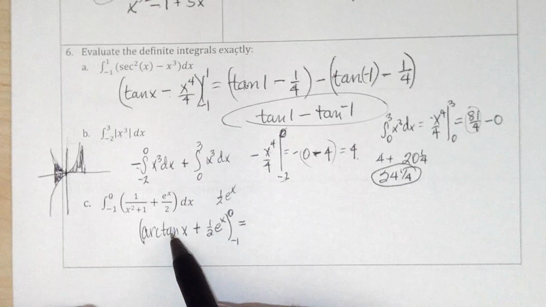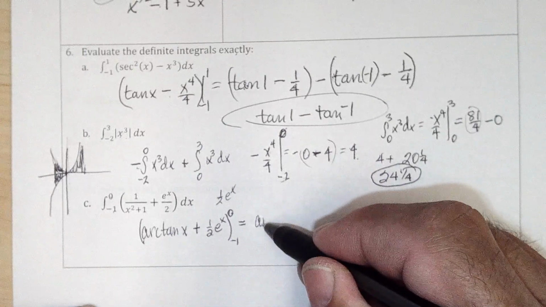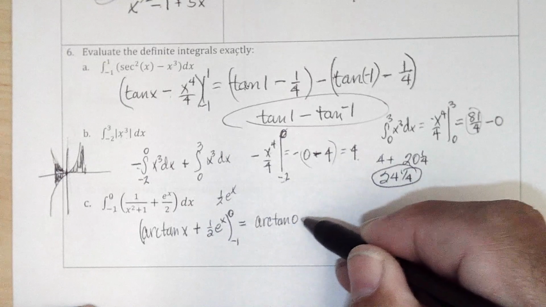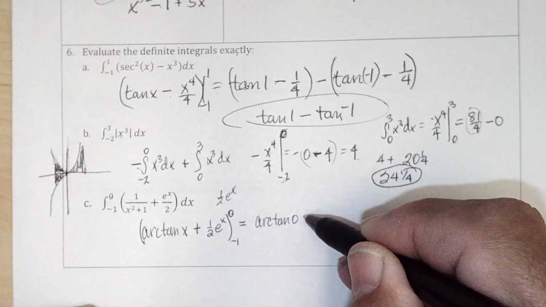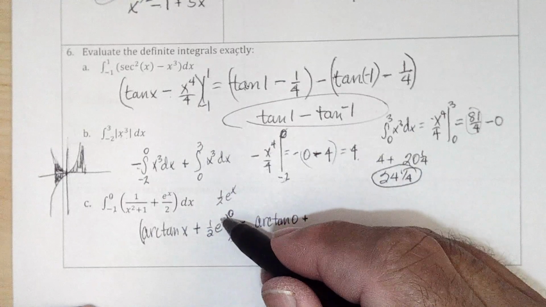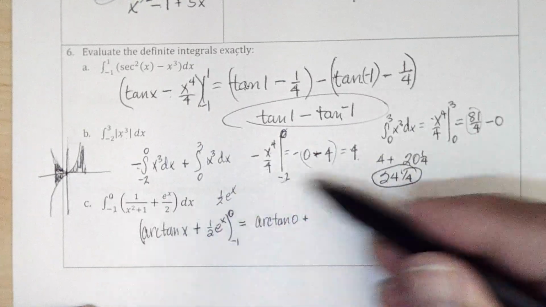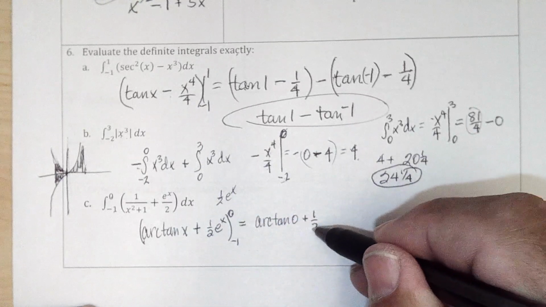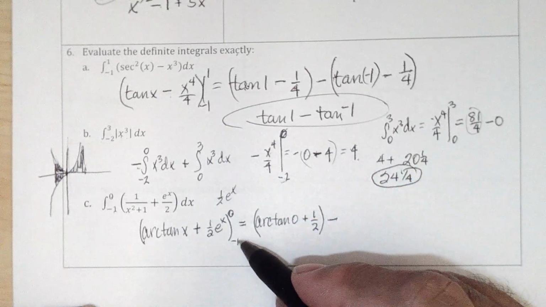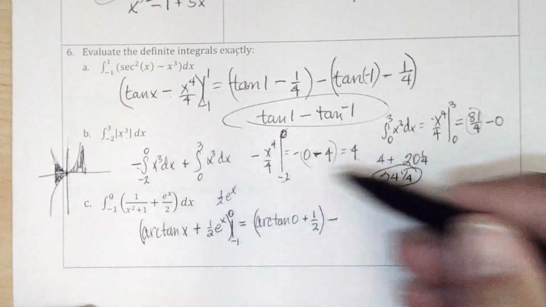Exactly, so we put 0 in, we get arc tangent 0 plus, put 0 in here, e to the 0 is 1, plus 1/2, minus, now we got to put the -1 in. I forgot to make a vertical bar there.